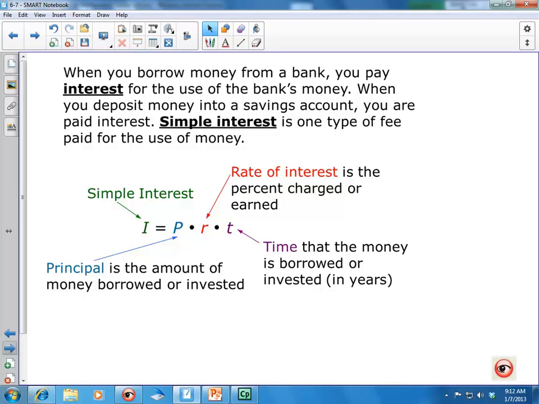All right, it says, when you borrow money from the bank, you pay interest for the use of the bank's money. When you deposit money into a savings account, you are paid interest, albeit a very, very small amount of interest. You'd have to have an extremely large amount of money to see any growth. I don't even know what the percent is, but the current interest rate on a savings account is less than 1%.